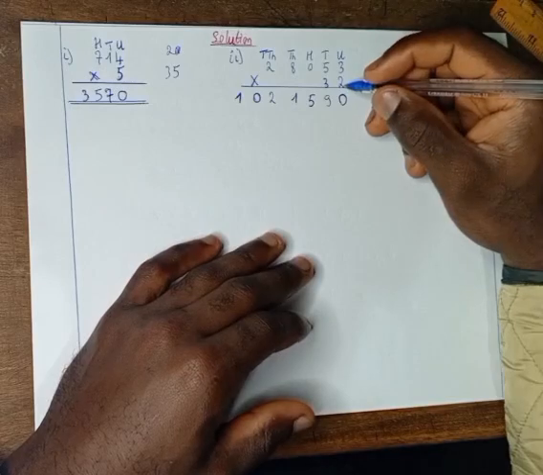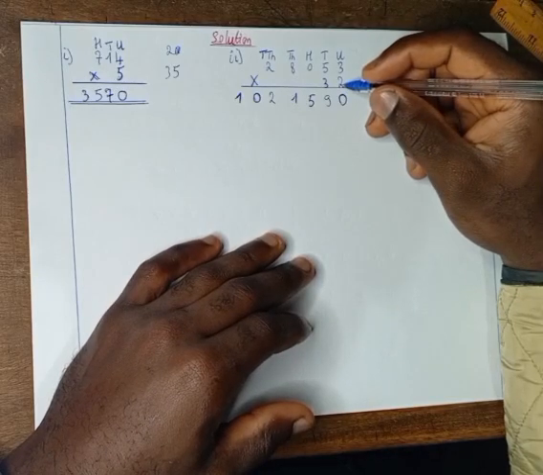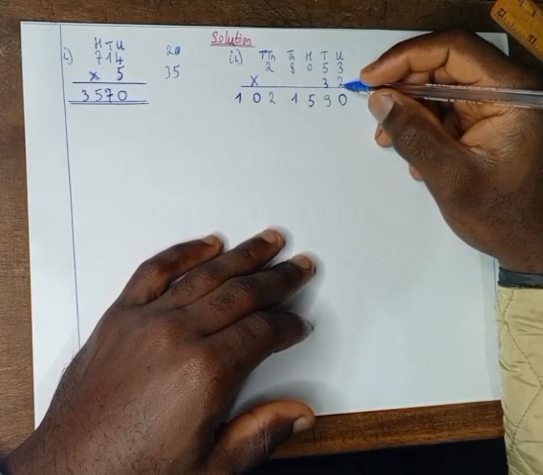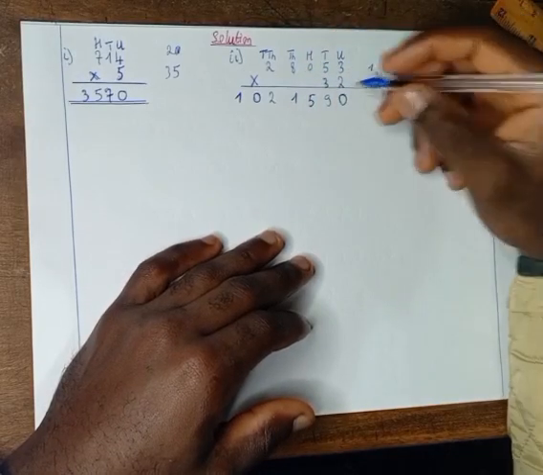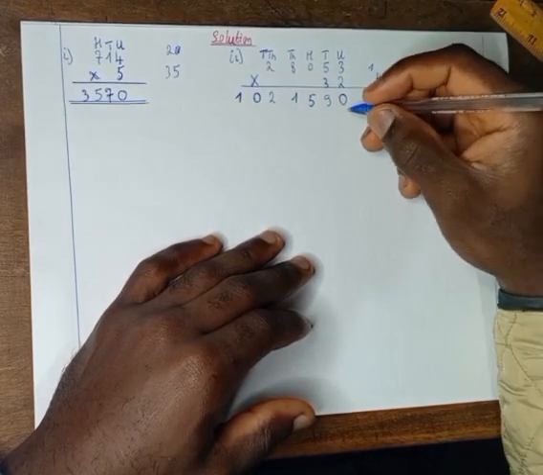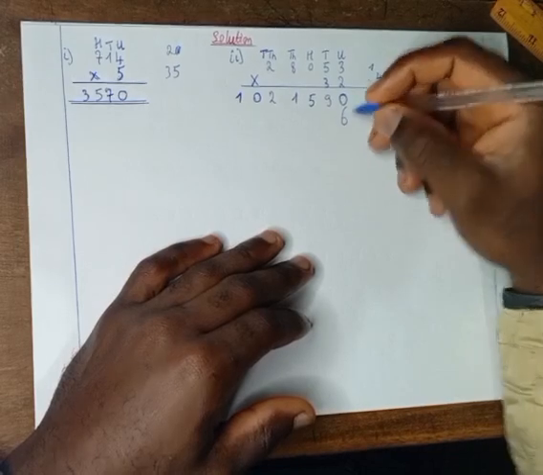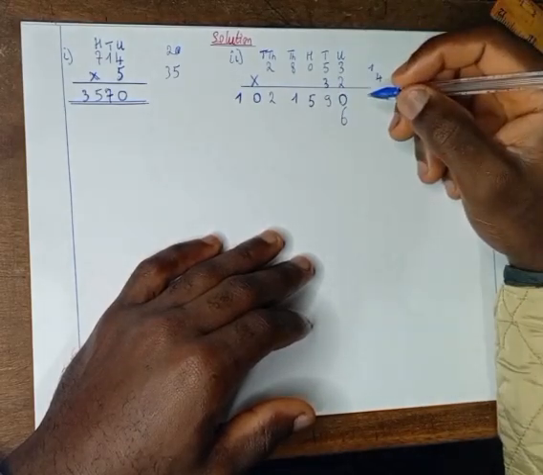Next, we are going now to multiply 2 by each of the digits of the number 28,053. 2 times 3 gives us 6. We are going to write down 6 under units. 2 times 5 gives us 10.